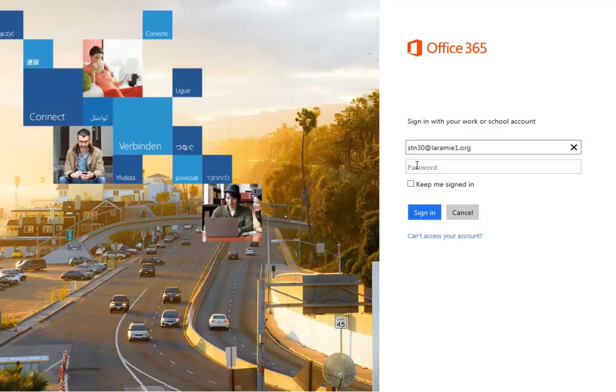And you will use your password. Now notice that there's a little checkbox here, and you probably will not check that checkbox because you do not have one machine that you always use for your account. So I recommend that you don't put a check mark in that box at this point. But I'm going to go ahead and click Sign In.